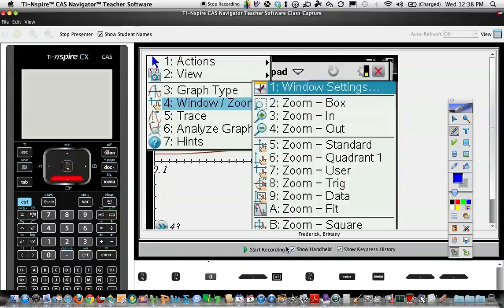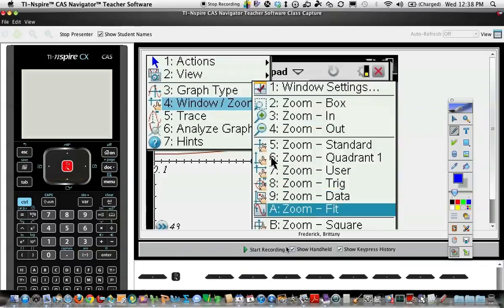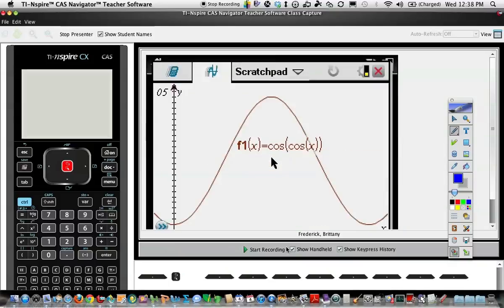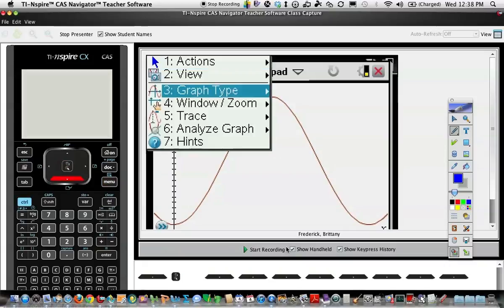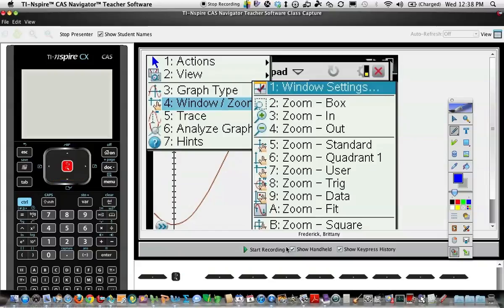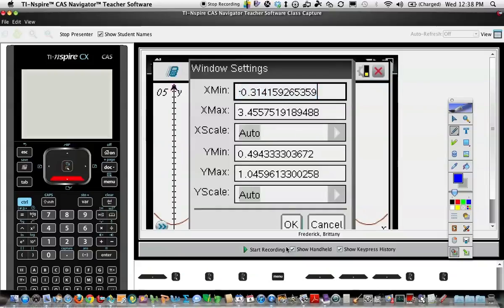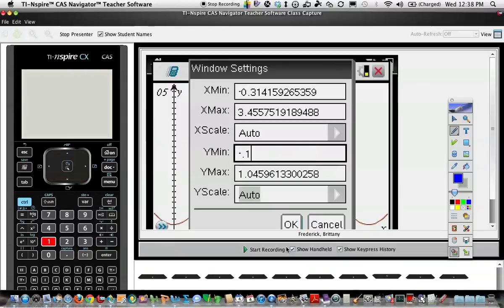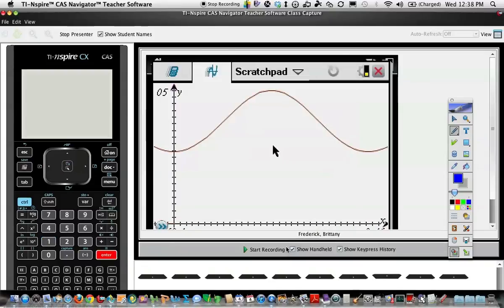Yeah, let's do a zoom fit. That's good. Now, on this particular one, when we do a zoom fit, I don't like the fact that I can't see the x-axis. So go into your window settings, and I would change my Y minimum to something a little bit negative, like -0.1 maybe in this case, because the Y values are so small. I might set my Y min to -0.1 just so I could see my x-axis.